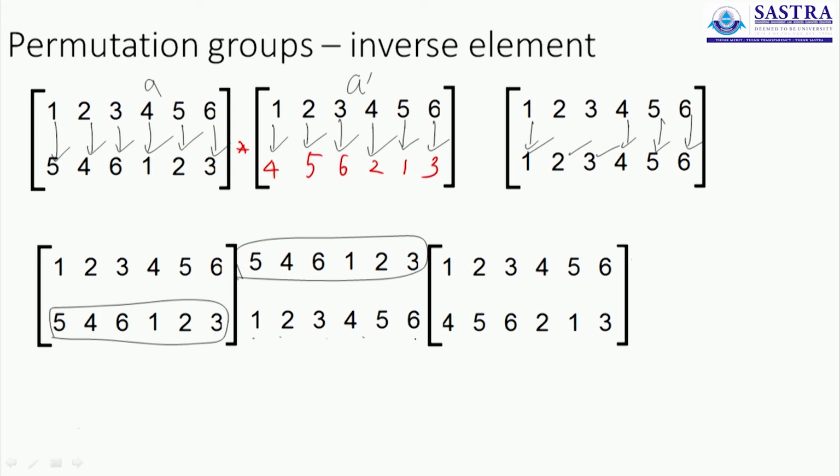Now I will just arrange it in the ascending order. So 1 to 4 comes first, 2 to 5 comes next, 3 to 6 follows, 4 to 2 is what you have after, 5 to 1 is next, and 6 to 3 is last.